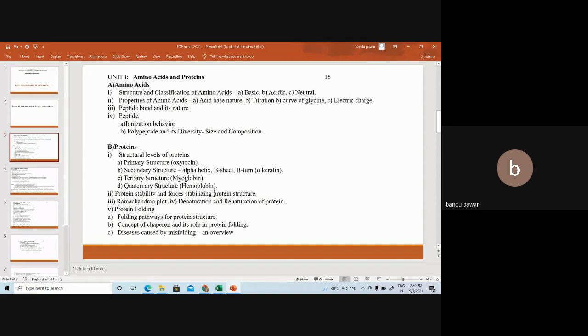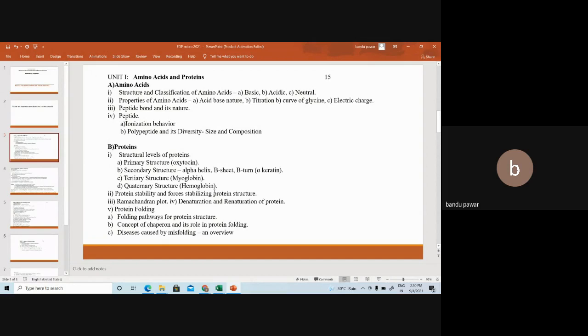Protein stability forces, including hydrogen bonding or various types of bonding in proteins. We also should know the Ramachandran plot.